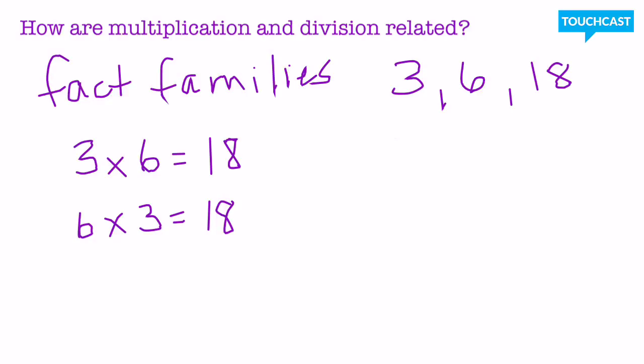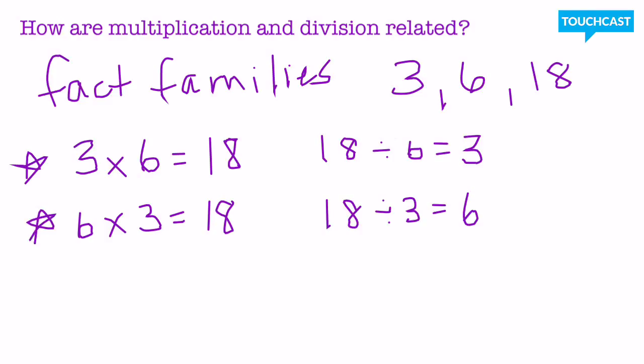Well, if 3 times 6 equals 18, that means that 18 divided by 6 equals 3. If I know that 6 times 3 equals 18, then I know that 18 divided by 3 equals 6. Those four equations make up my fact family. All of the related facts that use the same numbers, 3, 6, and 18.